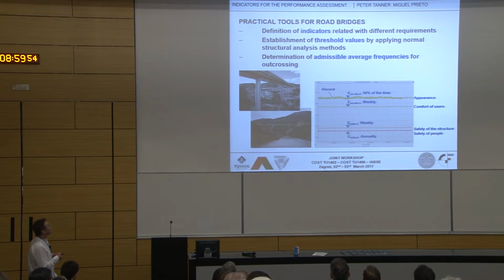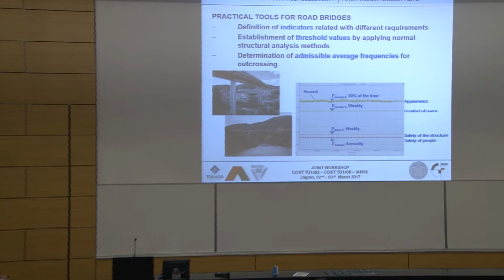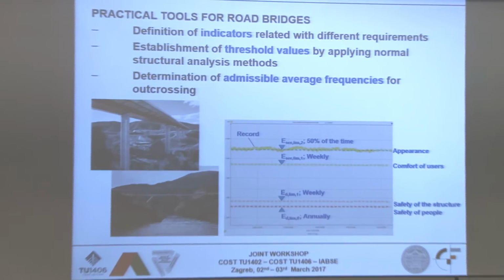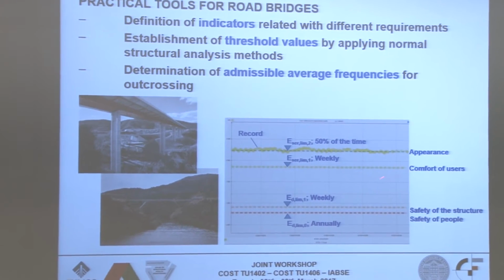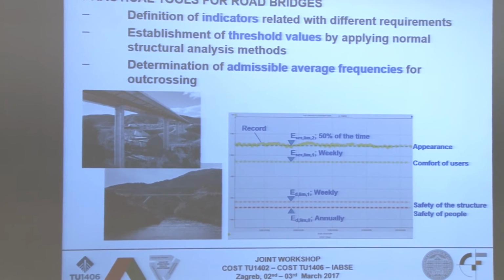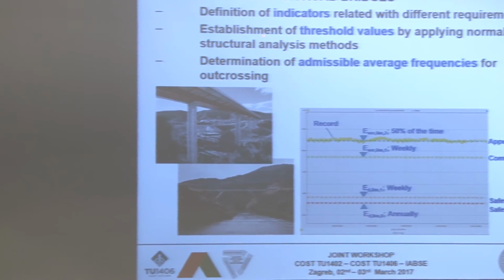So we try to define some indicators for road bridges related with different requirements, such as the appearance, comfort of users, and the safety issue. We then establish the rules for the calculation of threshold values by using normal structural analysis methods, and in parallel also the admissible average frequencies for outcrossing.